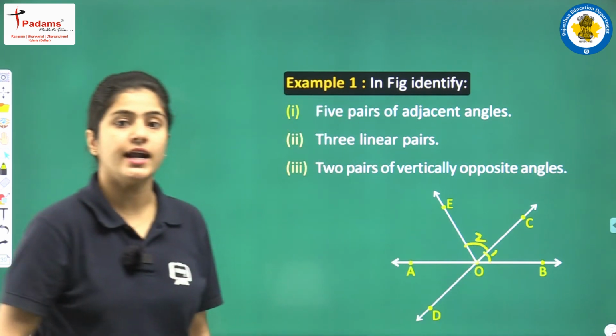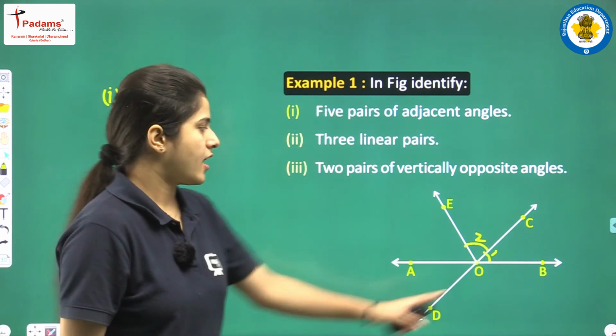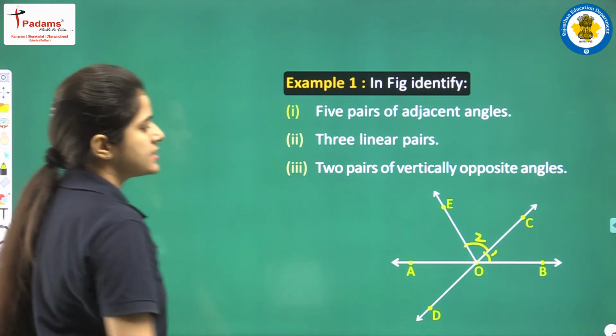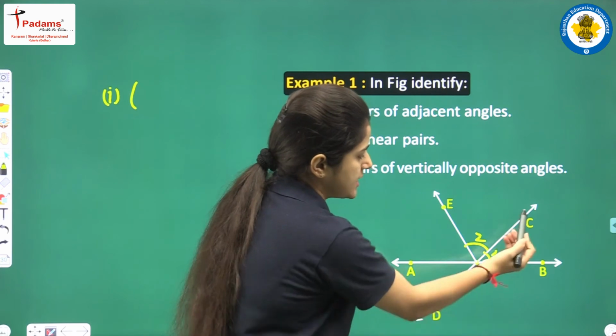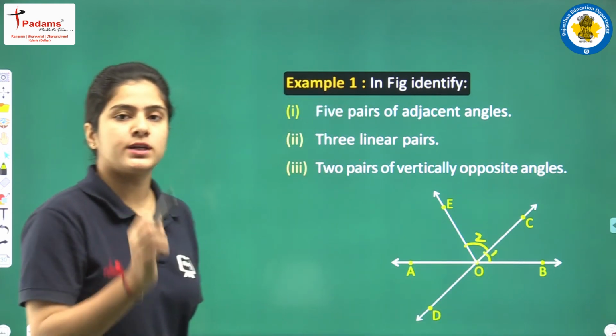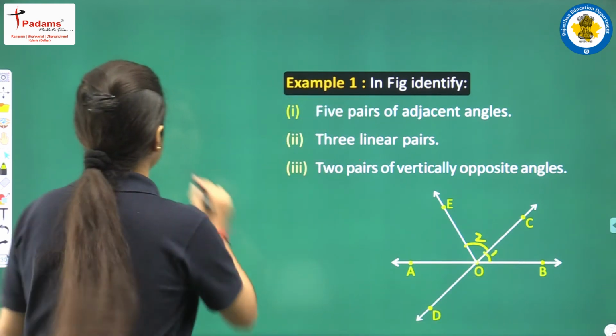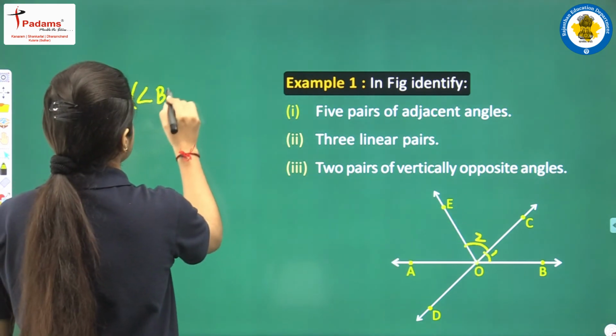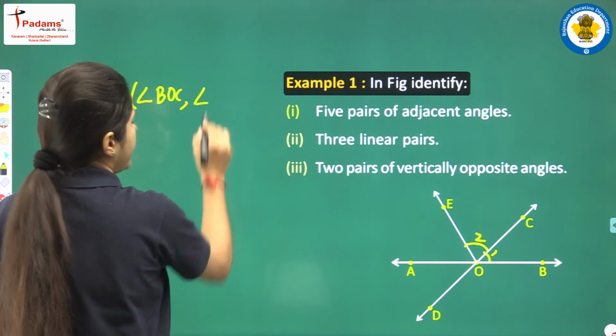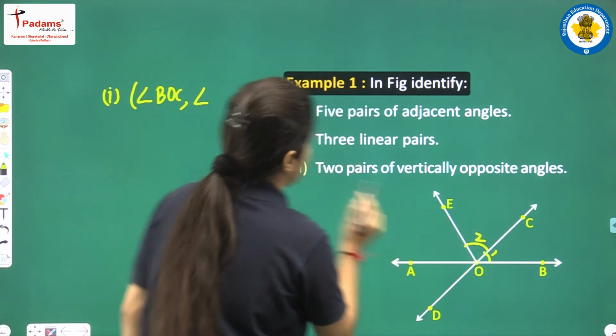These two angles are adjacent angle. Okay, students. How can we name these angles, students? Angle starting from this BOC. Okay, the common vertex should be in the middle. Okay, so angle BOC and angle COE.